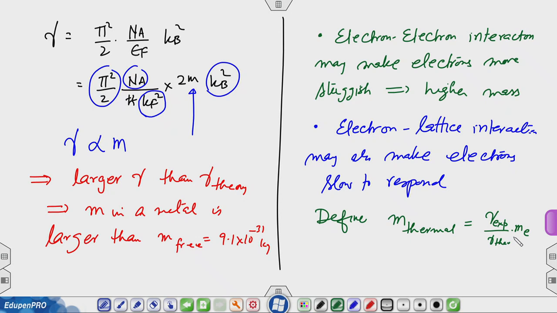You will see tables in Kittel or in Ashcroft Mermin that if you look at Cv, they also quote thermal mass. So thermal mass for potassium is 1.25 me.